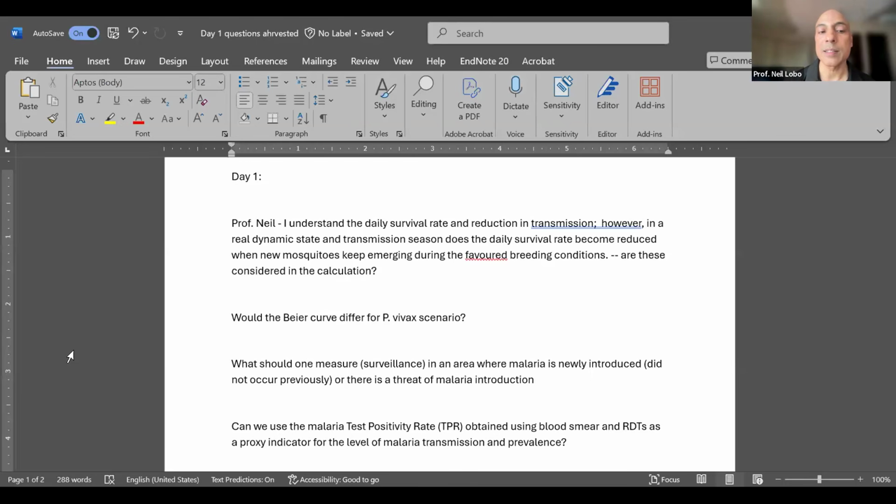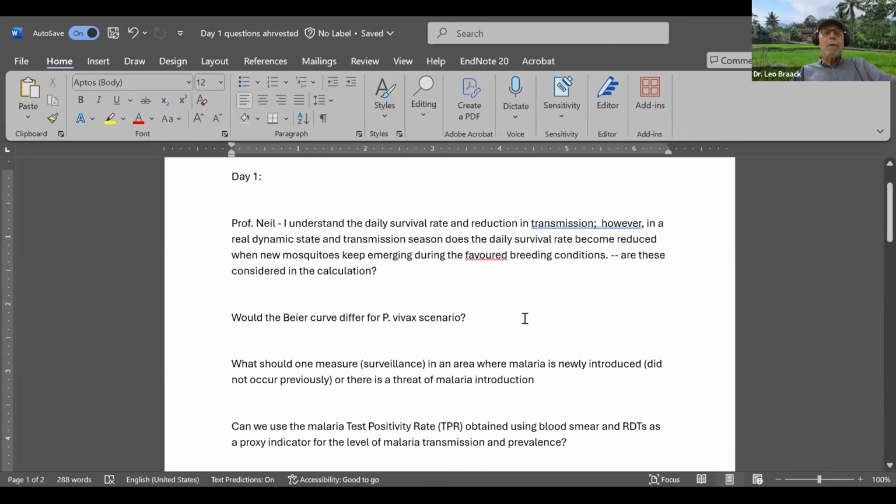And this is not necessarily captured in that calculation because that was conceptually trying to explain how vector control interventions actually impact transmission because they impact the age structure of the mosquitoes. I hope that made sense. Yeah, and feel free to resend the question if I didn't answer it. And after these sessions, I will go through them all and try to answer them myself. Thank you, I hope that Neil answered the question. Yeah. Thank you for that.